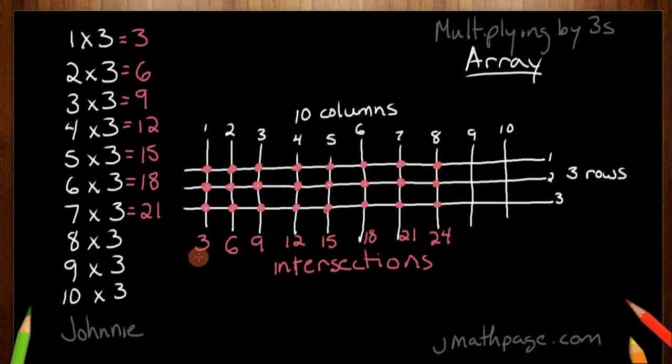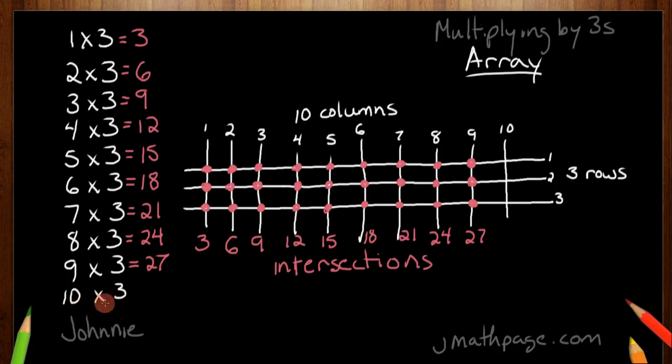Okay, so 8 times 3, or 8 columns and 3 rows, gives us 24 intersections. 9 times 3, 9 columns, 3 rows, 24, 25, 26, 27. So we can say 9 times 3, or 9 columns by 3 rows, will give us 27 intersections. One last one.